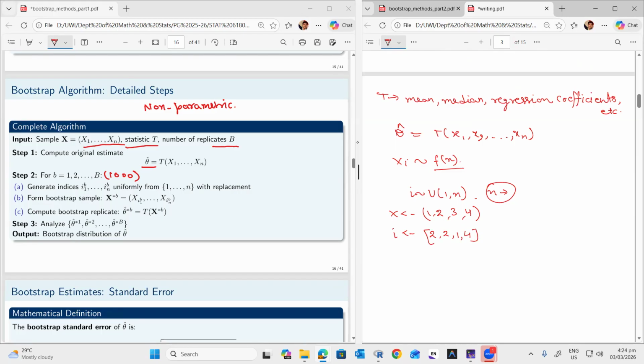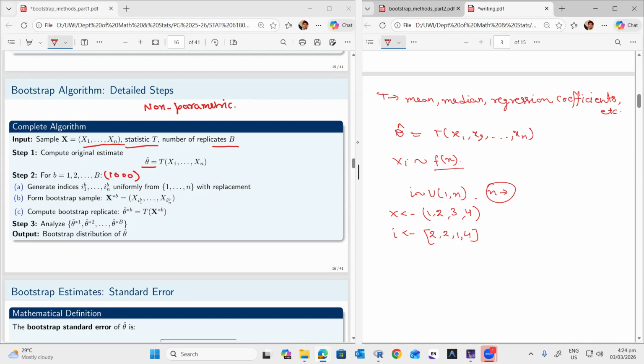These are the positions. With respect to those indices, I will generate the bootstrap sample x star b, which is xI1b, xI2b up to xInb.